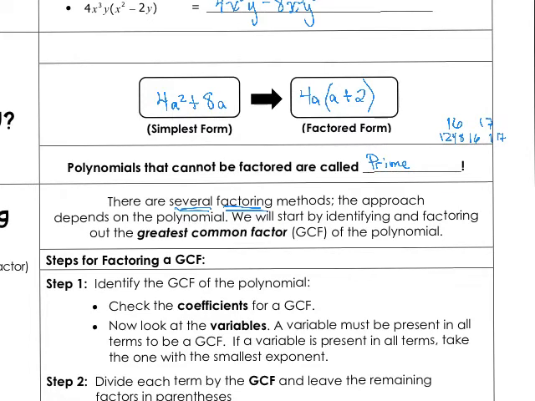The approach does depend on the polynomial. But the very first step, you will hear me say this over and over, is to look for the greatest common factor. You will make your life so much easier if you pull out any common factors first. Then, if it's factorable after that, factor it after that.